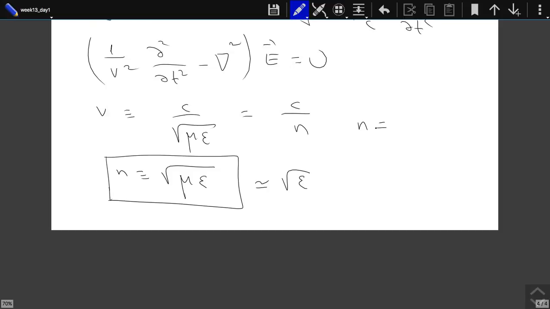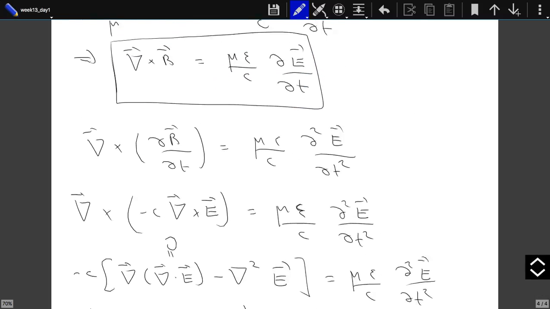And v would be equal to omega over k in the medium. And B was equal to k hat cross E for a plane wave. All of these will still hold.